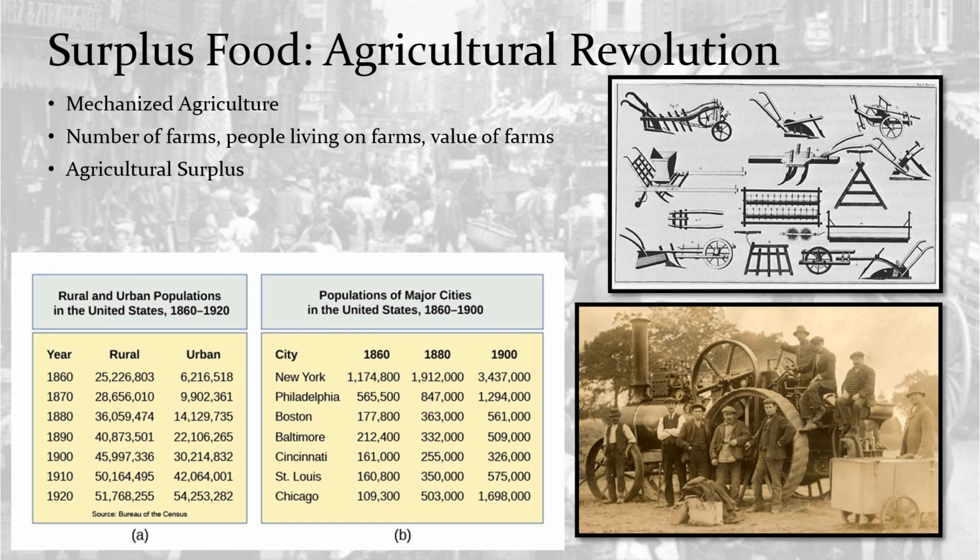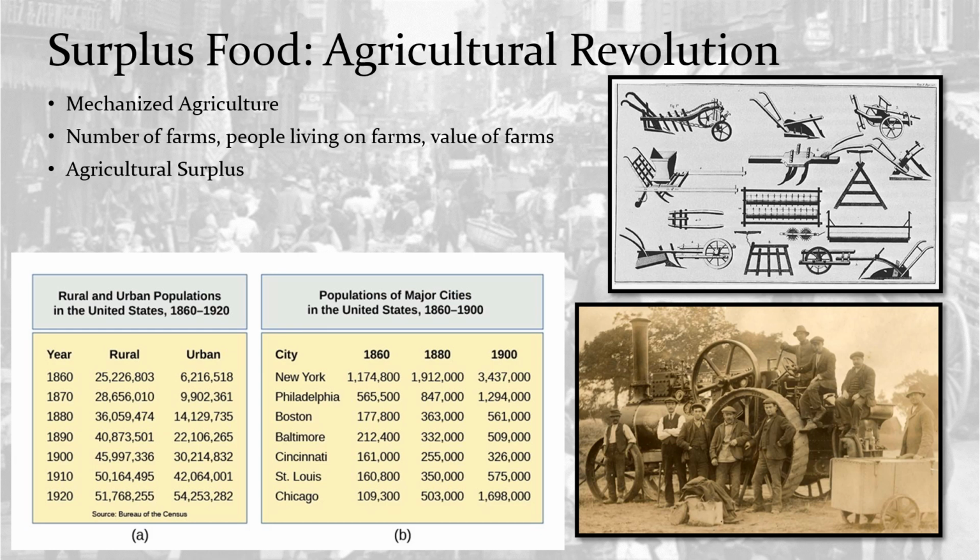So we talked about this agricultural revolution going on in the West in the previous module. The number of farms, people living on farms, the value of farms is all going up. And you're producing an agricultural surplus, which also means you're not needing as many people to work on a farm as you would need otherwise.